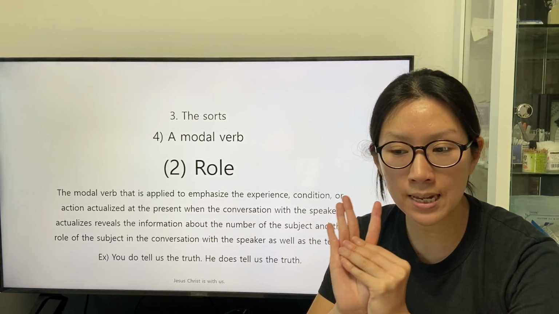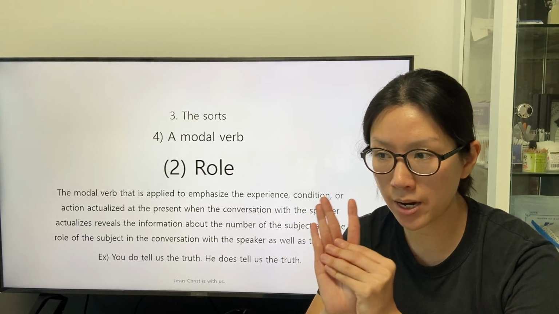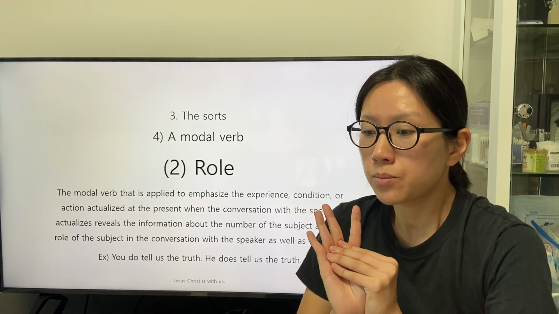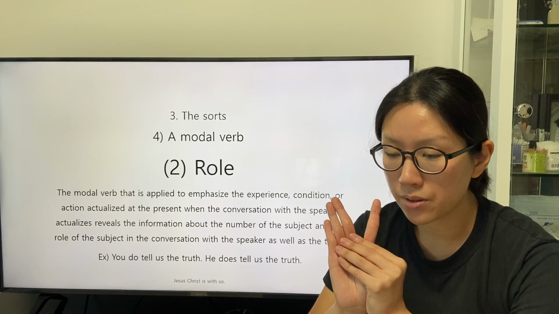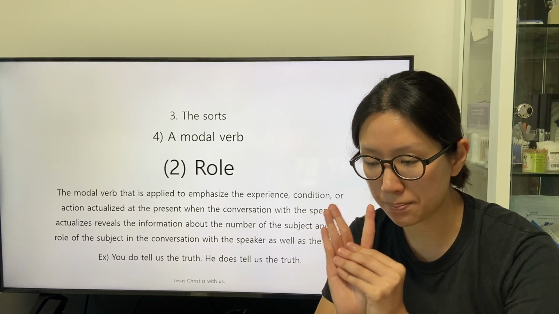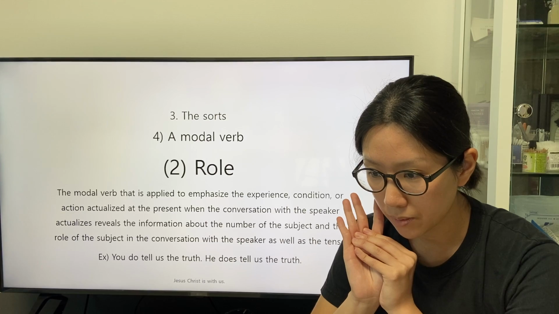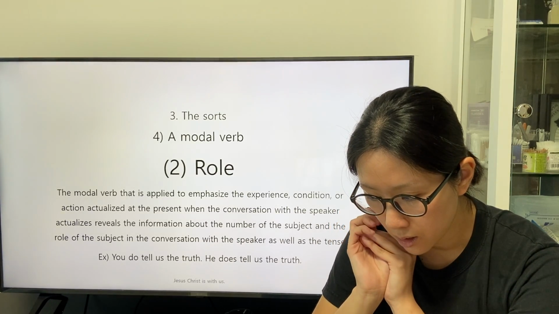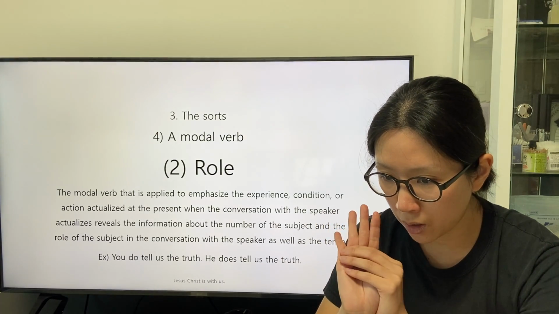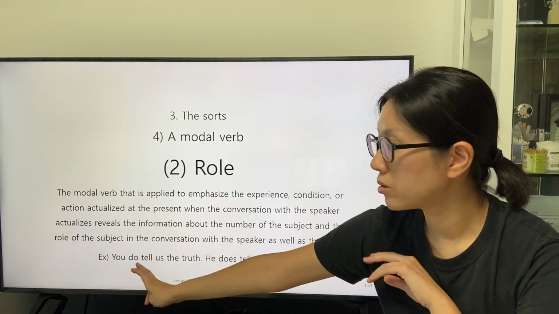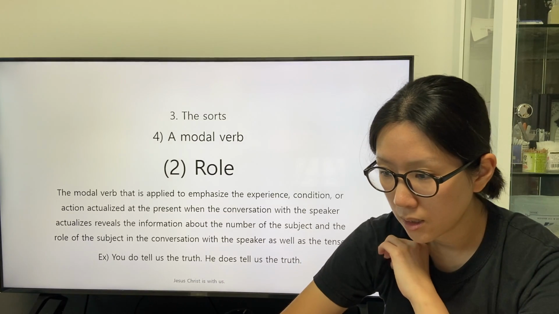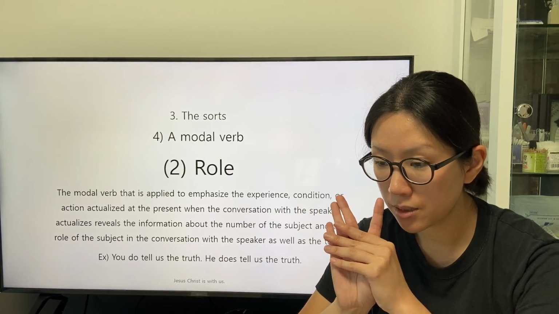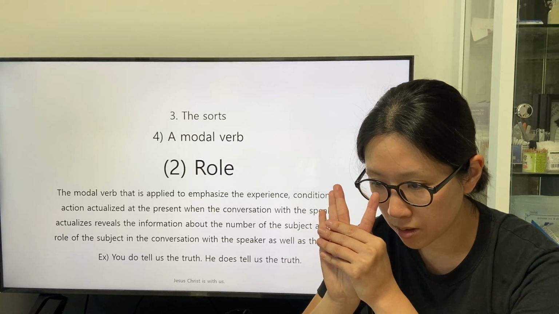The speaker is indicated by the personal pronoun I, and the clause that the personal pronoun I is applied to, the modal verb do is suitable for this clause about the speaker.